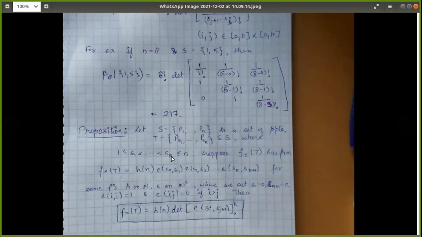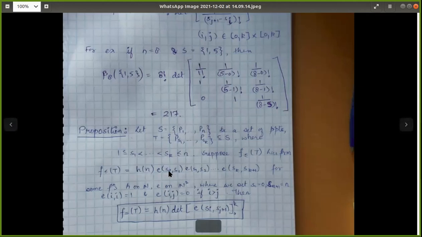All right. Then if you assume that f less than or equal to T has the form h_n of E S0 S1, E S1 S2 and so on till E Sk Sk plus 1, for some function h on the set of natural numbers, and these E_ij are functions on n cross n.